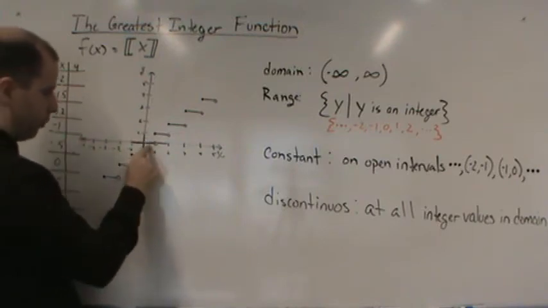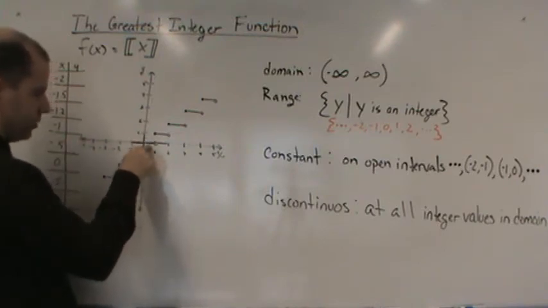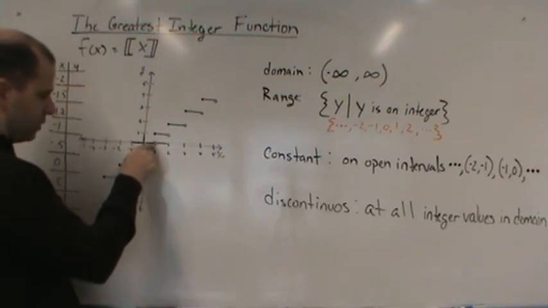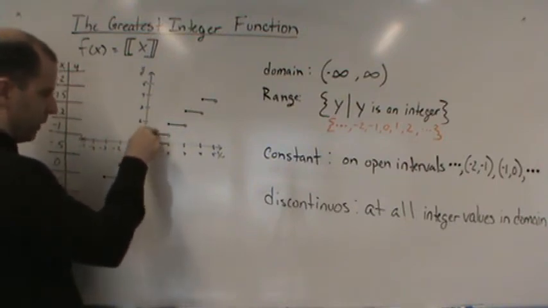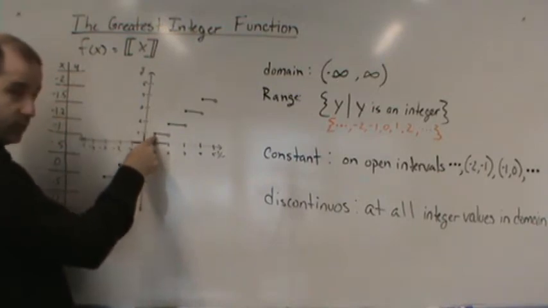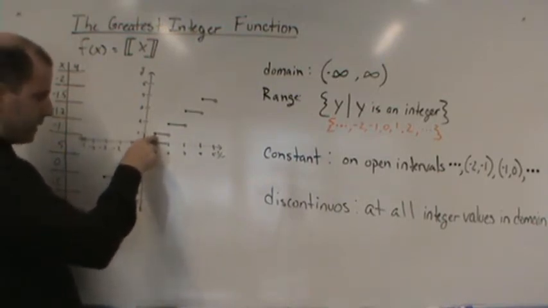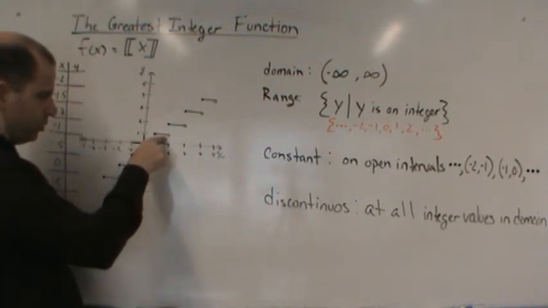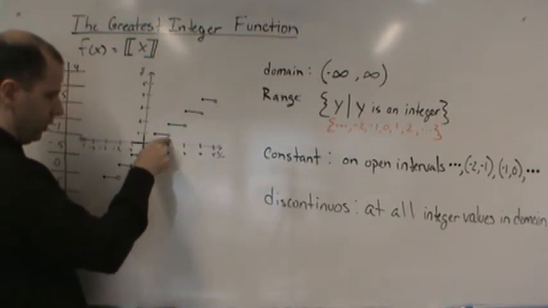If I put in 0.5, the greatest integer less than or equal to 0.5 is 0. But as soon as I hit 1, it jumps up to 1, because now the greatest integer that's less than or equal to 1 is 1. Then as I go across from 1 to 2, it stays at 1 until I get to 2, and then it jumps.